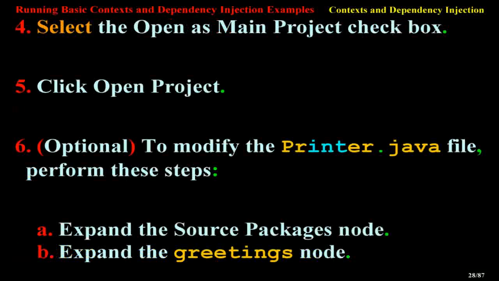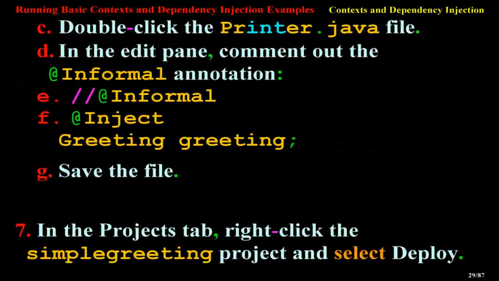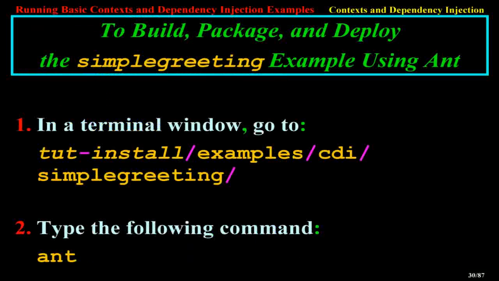Expand the source packages node. Expand the greetings node. Double-click the Printer.java file. In the edit pane, comment out the @Informal annotation, leaving @Inject Greeting. Save the file. In the Projects tab, right-click the simplegreeting project and select Deploy.